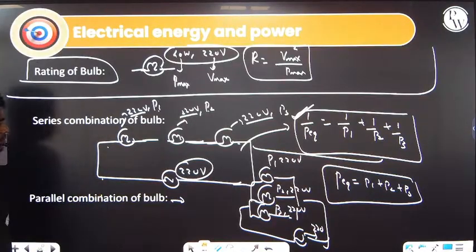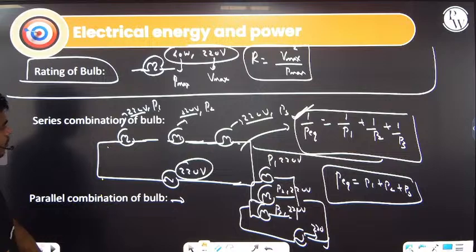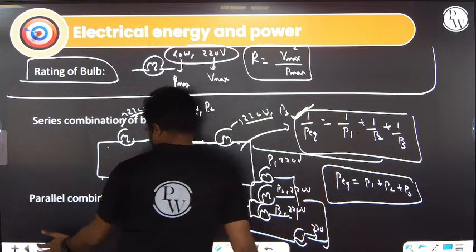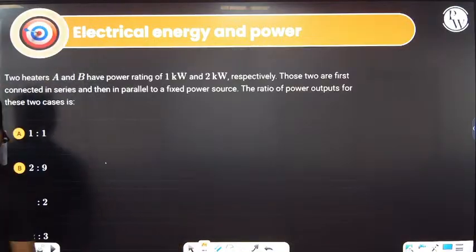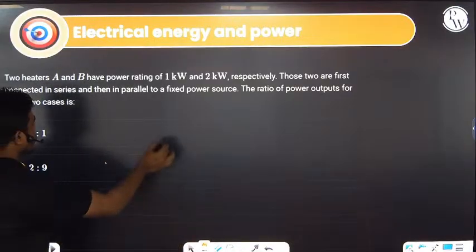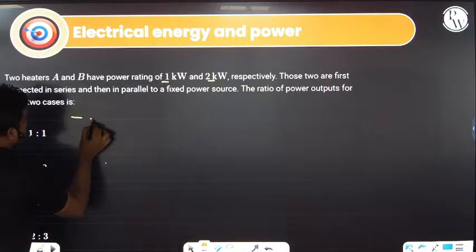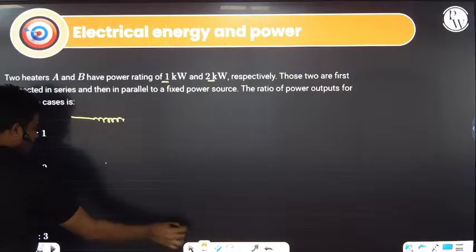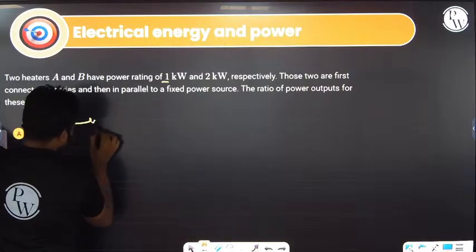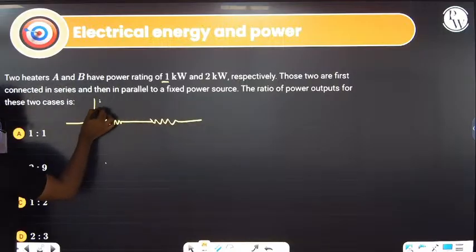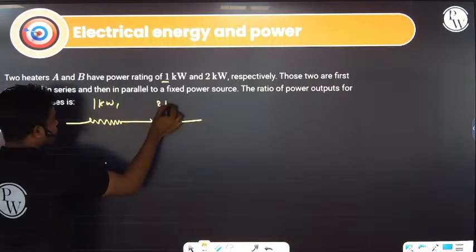So let's see some questions on this power as well. Two heaters A and B have power ratings of 1 kilowatt and 2 kilowatt respectively. Those two are connected in series first. So heater 1, okay, a heater is also a resistor. So this heater 1 has power 1 kilowatt and this heater 2 has power 2 kilowatt.